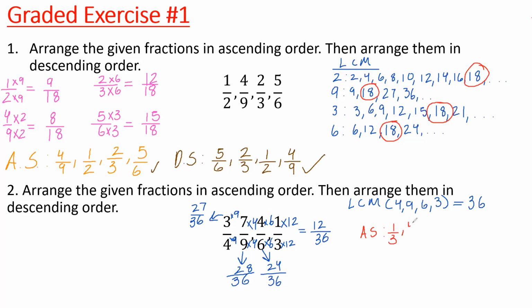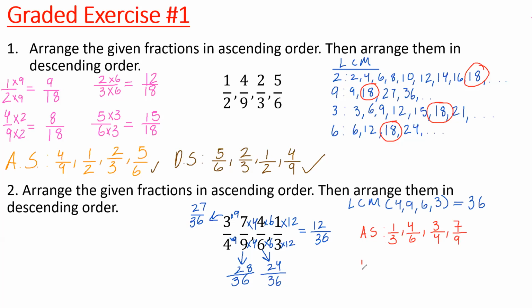Then 3 over 4, and 7 over 9. Very good. So that's ascending order.